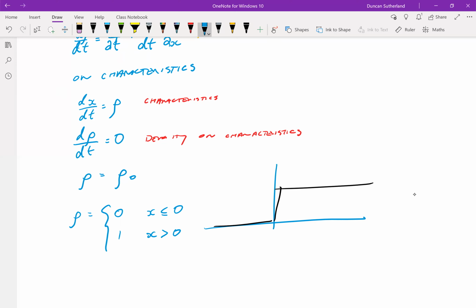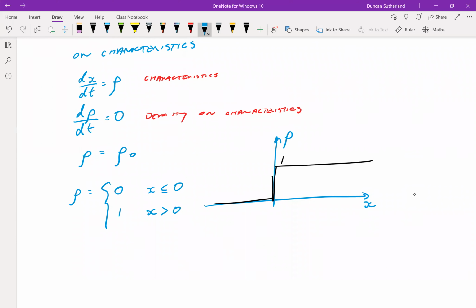That looks really bad. Okay, so at 0, we have this jump in our density, right? And it's 1 there, and it's 0 on the left. Okay, so now what we can do is, because we're on the characteristics, we can substitute this rho with this thing and find our characteristics.